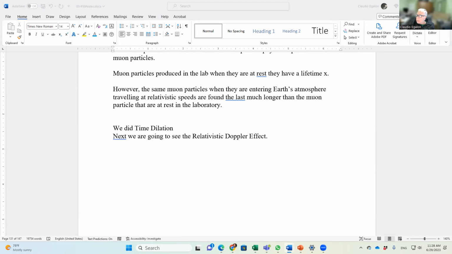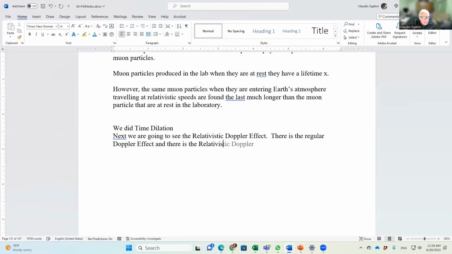And there's a reason why we do the relativistic Doppler effect. There is the regular Doppler effect, by the way, that we are going to cover next time. And there is the relativistic Doppler effect.